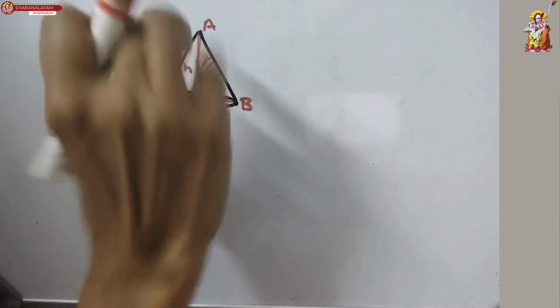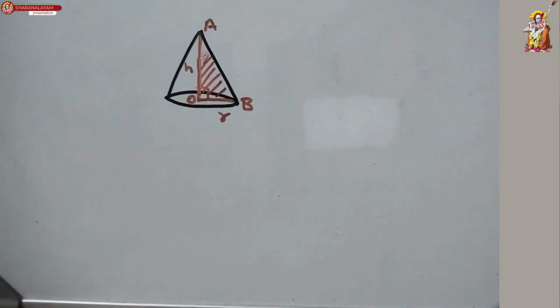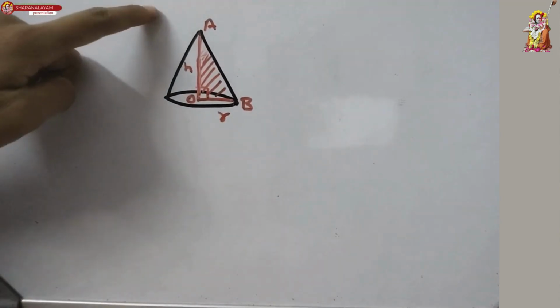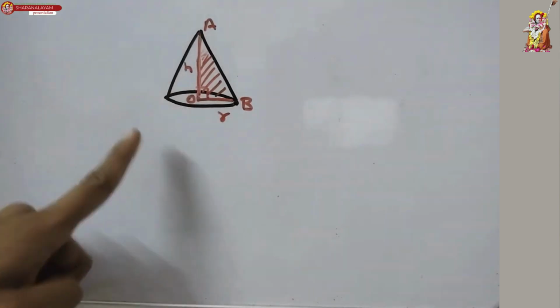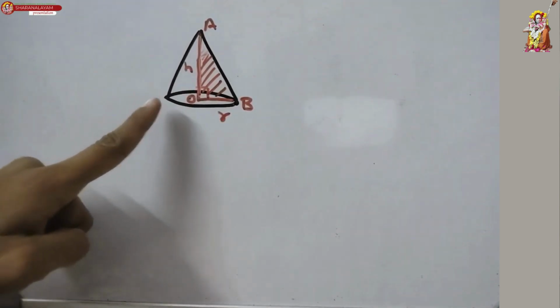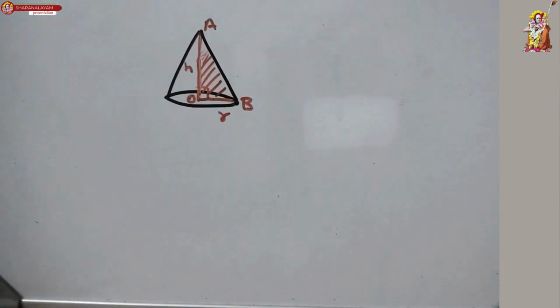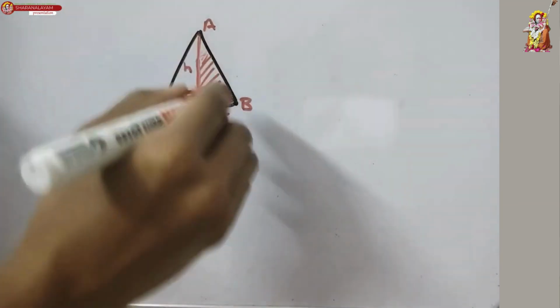So if you rotate this triangle about this axis, it generates a cone, right? Point A is the vertex of the cone. Now its base is a circle with center O and radius OB. Length OA is the height of the cone and AB is the slant height.